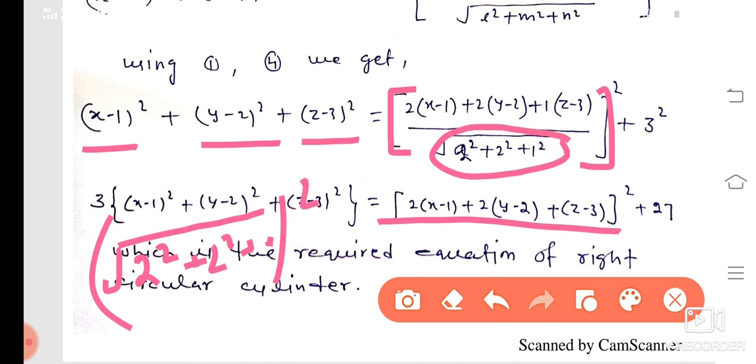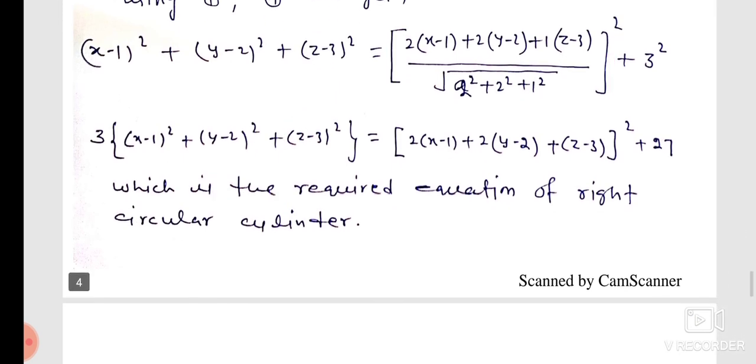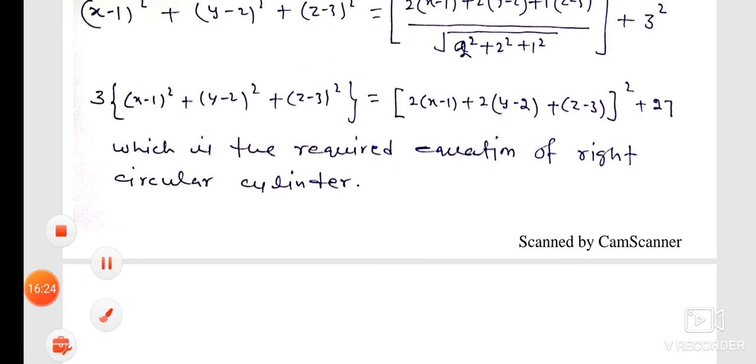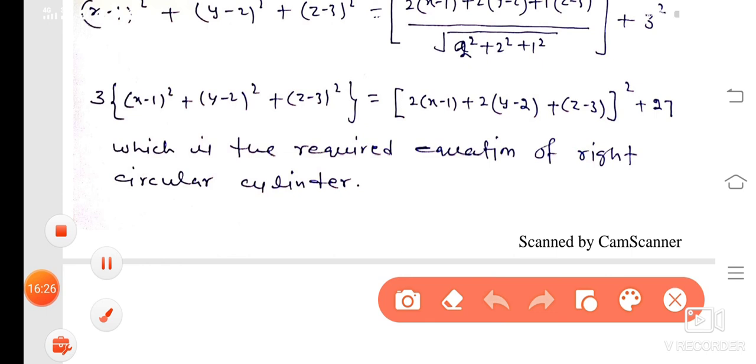So this will be 9. I wrote 3 by mistake, so make 3 as 9. And on this side 9 multiplied by 9 will be 81. So this is the required equation of the right circular cylinder. The only changes are 3 to 9, and this will be 81 by calculation.